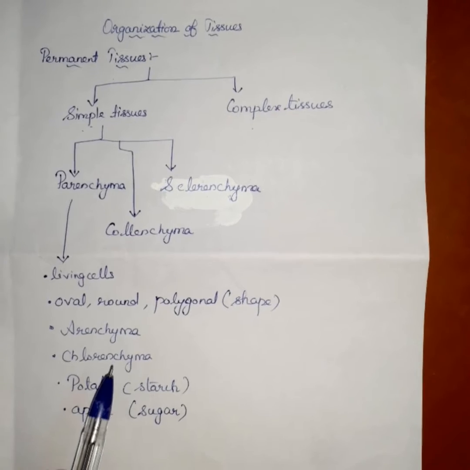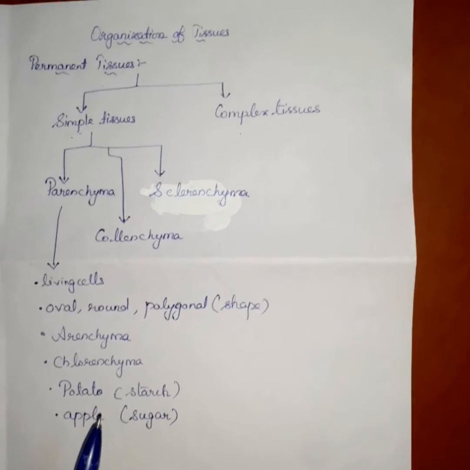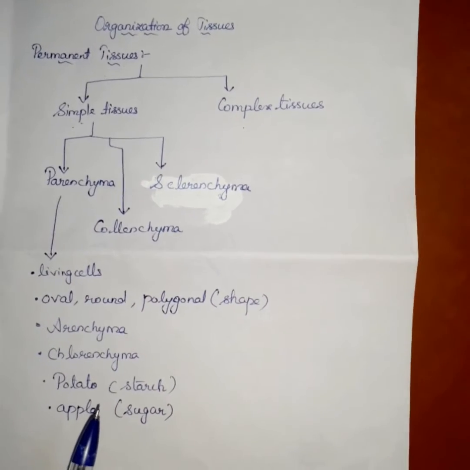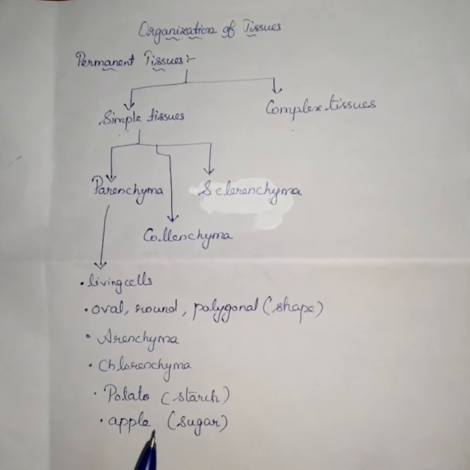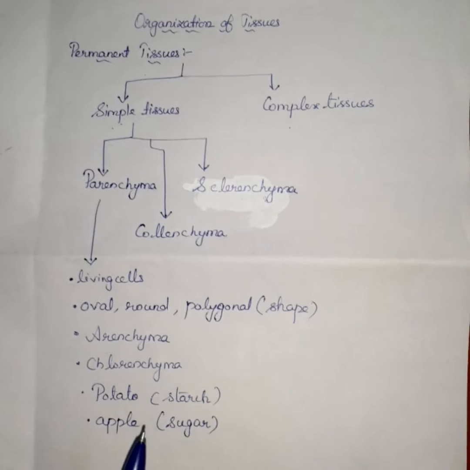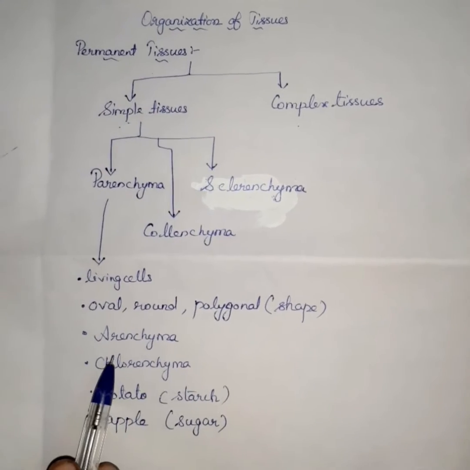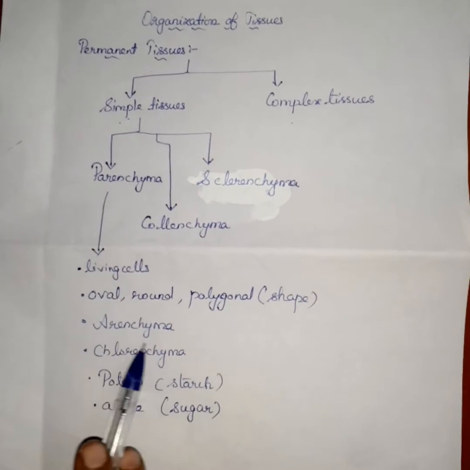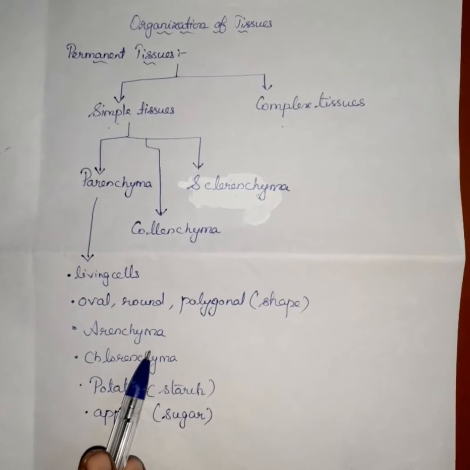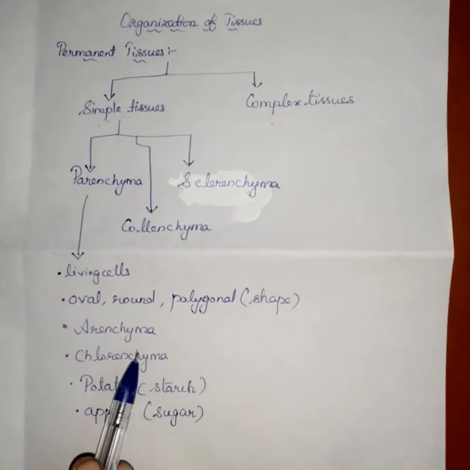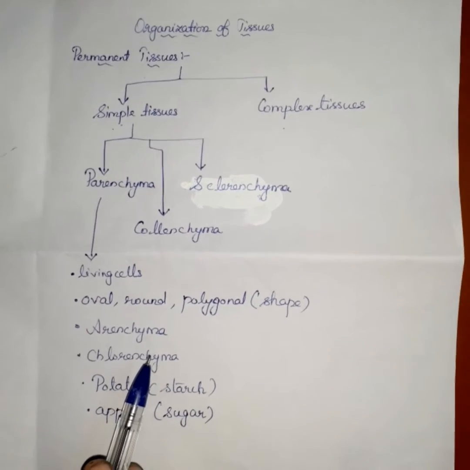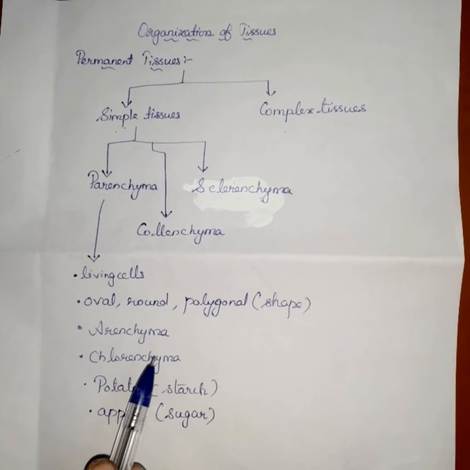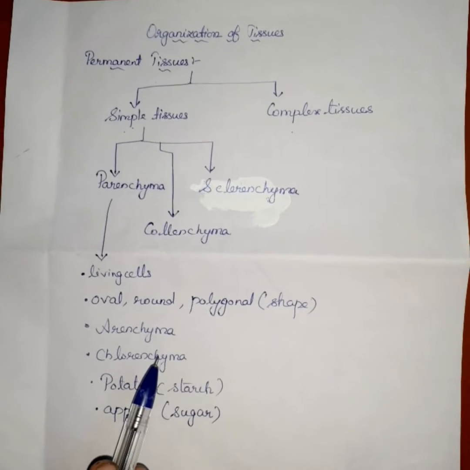In aquatic plants, the parenchyma cells have intercellular air spaces. Here some air spaces are present, so they are known as aerenchyma. If light passes through parenchyma, it develops chloroplast.